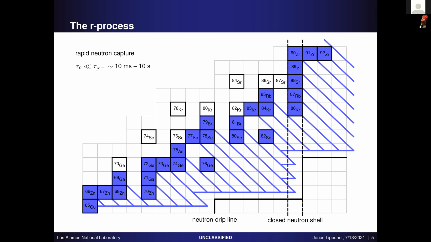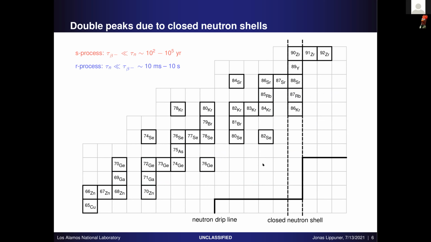So here we have an example of two specific stable isotopes: selenium-82 is produced by the R process only, and krypton-82 by the S process only. It's helpful to have some of these pairs of isotopes that help us disentangle the contribution from the S process and the R process, because most of the stable elements and isotopes can be produced by both.